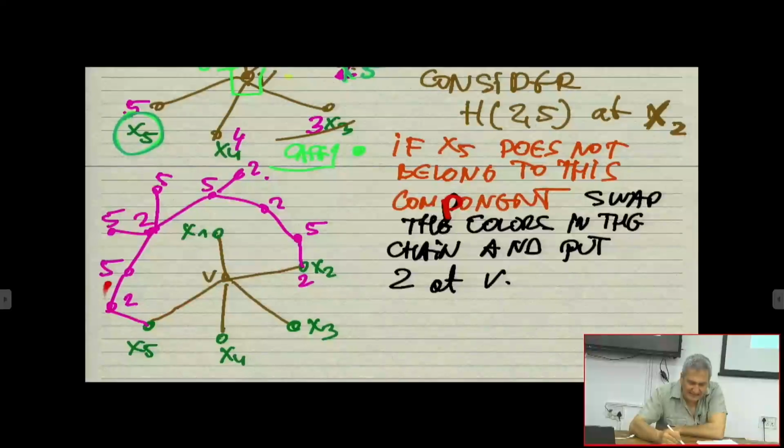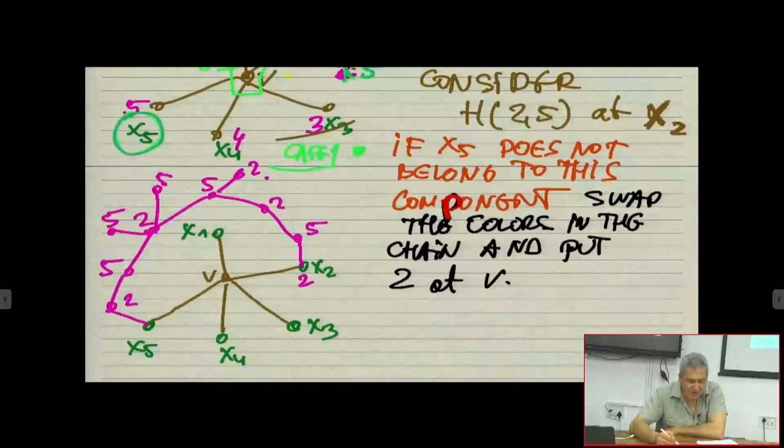And now, inside the cycle, which vertex is inside? Yeah, X1. I need here color 1. And now outside the cycle is, let's say, X3, yes, also X4, but X3, yes. And now we will take a Kempe chain 1, 3.